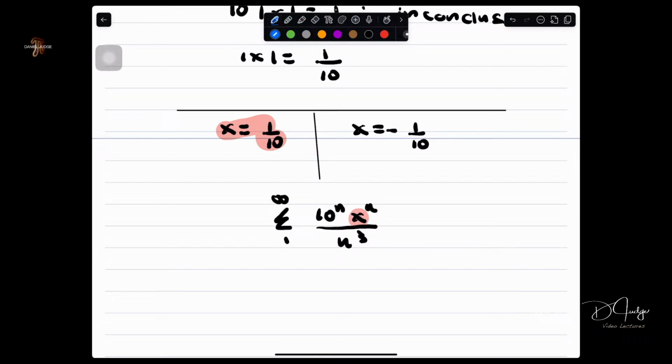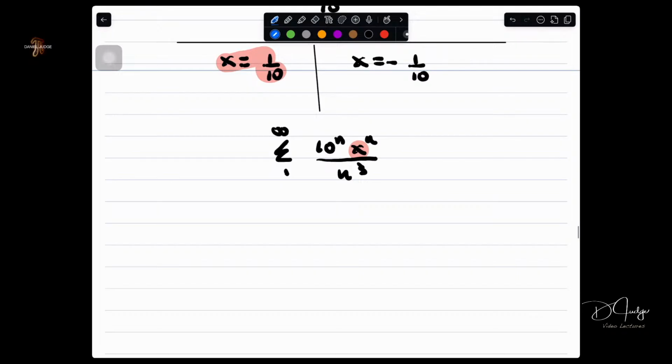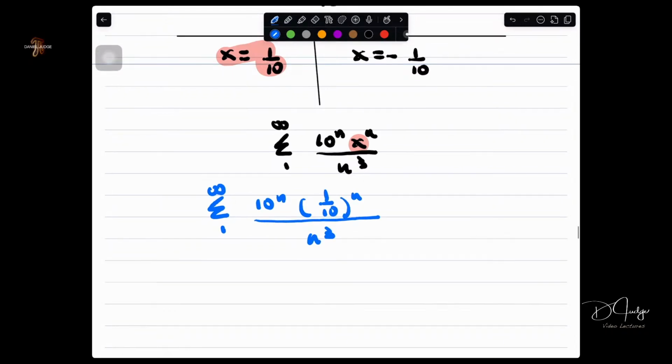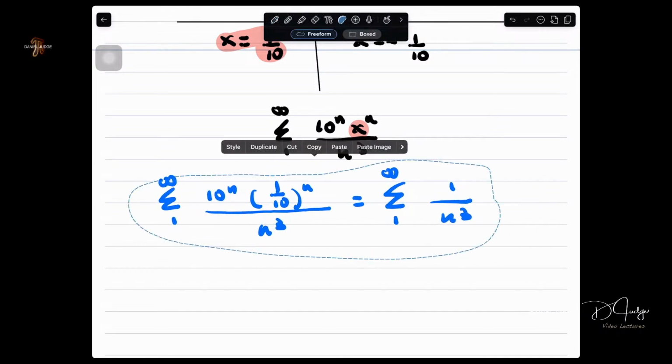So we're going to replace this x with 1/10. So you're going to end up with the series here, 10 to the n, 1/10 to the n over n cubed, which gives you really 1 over n cubed. And we know this is a convergent p-series.